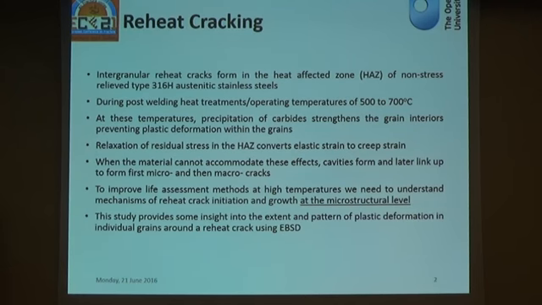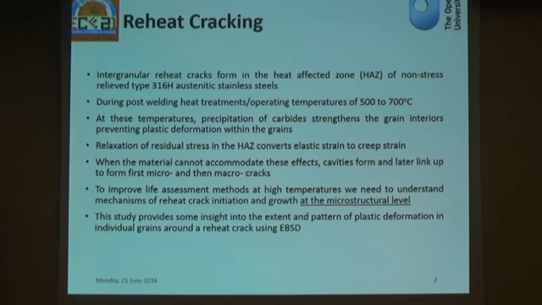At these temperatures, because of carbide precipitation, the grain interiors are strong, which prevents deformation within a grain. As a result, when the residual stress relaxes, the elastic strain is converted to plastic strain, and since the grain interior is strong, it cannot accommodate that large change in plastic strain. So this plastic strain is accommodated by the formation of cavities along the grain boundaries, and later these cavities link to form micro and macro cracks.